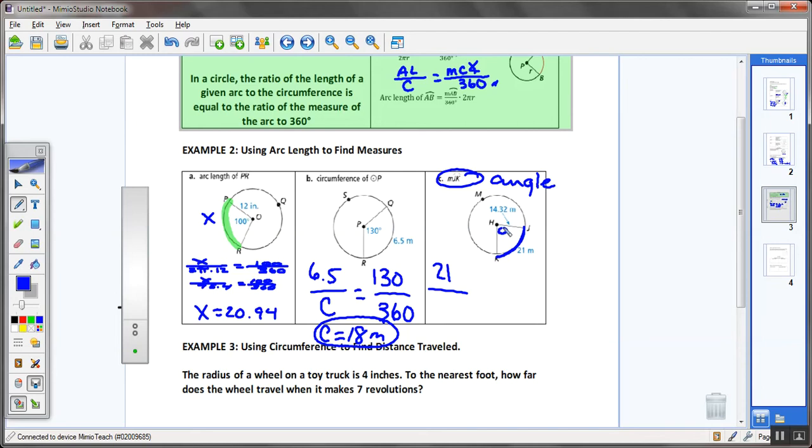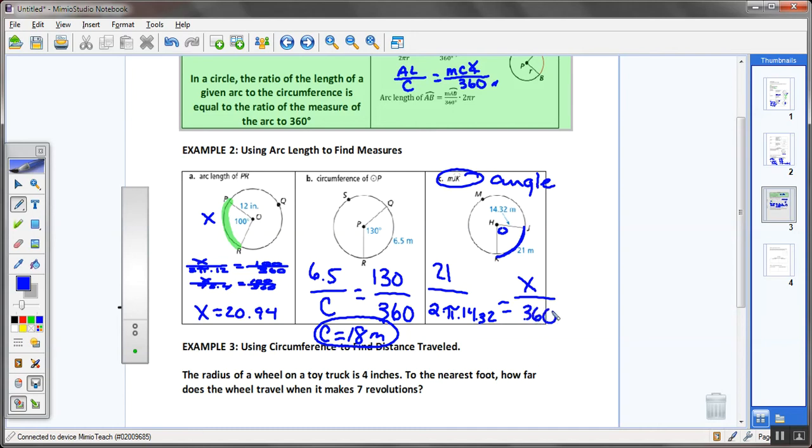So 21 is to, do we know the circumference down here? No. I would have to take 2 times pi times what radius? 14.3. That's going to equal the circumference. Do we know the central angle up here? No. Is it okay if I call that central angle x up there? Over 360.